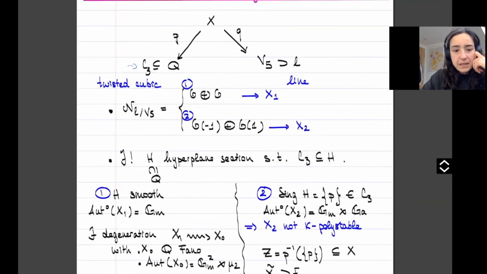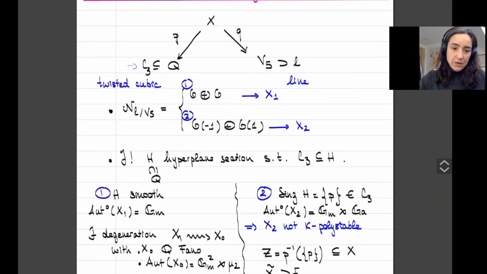And you can build a degeneration of X1 to some Q-Fano variety X0, which has an effective G_m squared action. And here, you can show that X0 is a complexity 1 T-variety, and so there's an arsenal of techniques to study the K-stability of these, and so you get that X0 is K-polystable.